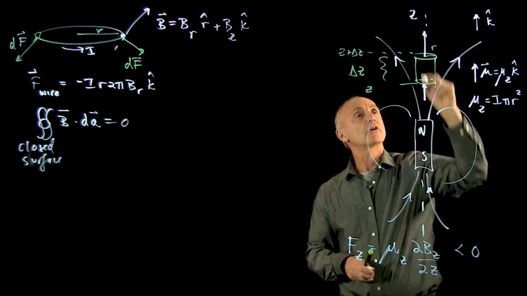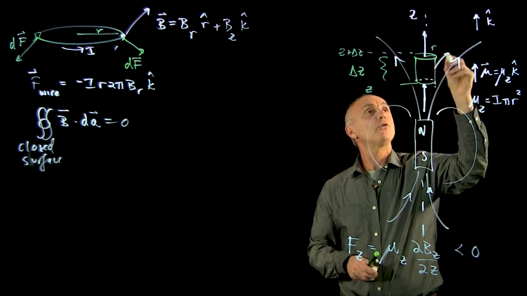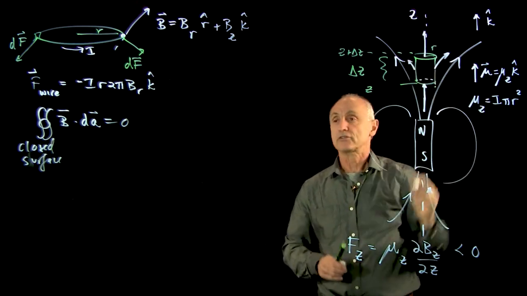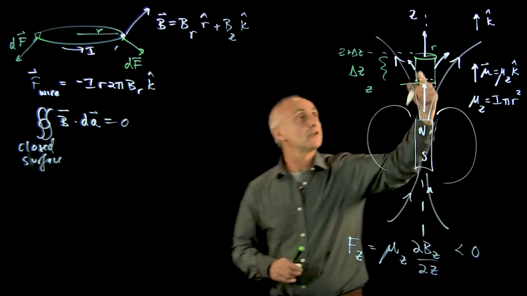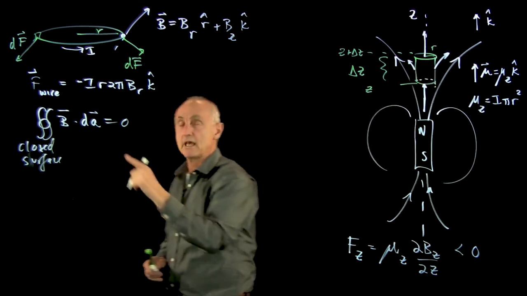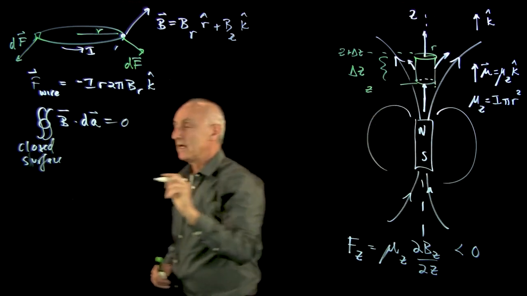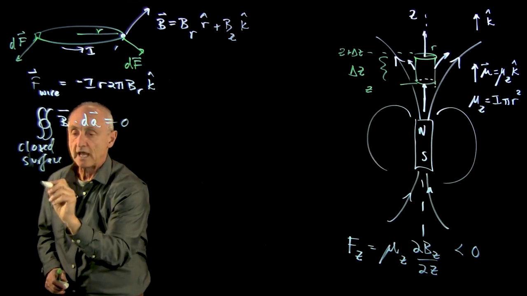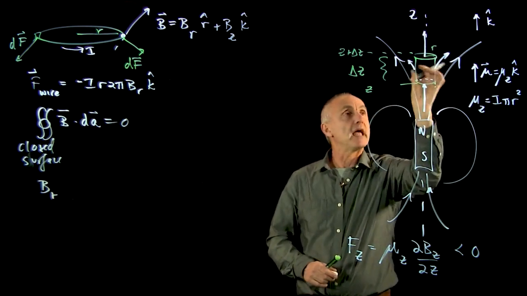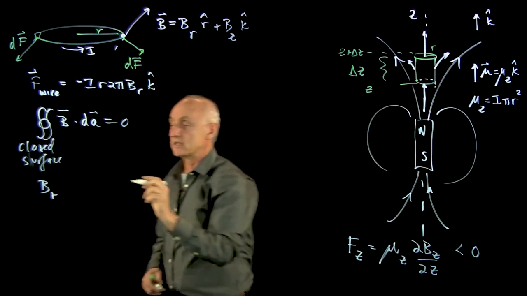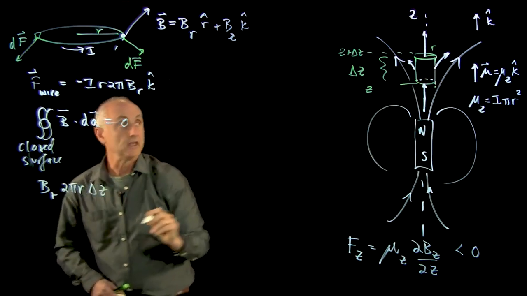We have magnetic flux coming out of the top face, and there's also magnetic flux coming through the sides. So this little cylinder has 3 different faces, and when we add up the flux, if delta z is very small, then on the side faces we have the radial component of the magnetic field times the area of the side face, and the area of that is 2 pi r delta z.